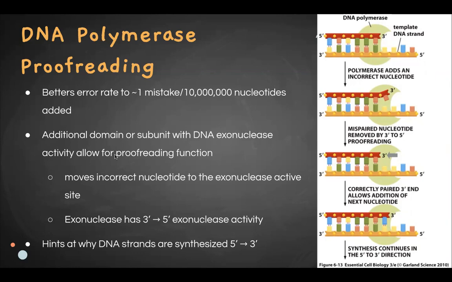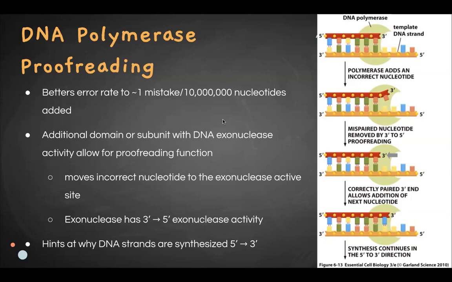It moves the incorrect nucleotide to the exonuclease active site and cuts it off, as you can see on the diagram on the right. It moves 3' to 5', which is a big reason why DNA strands are synthesized 5' to 3'.